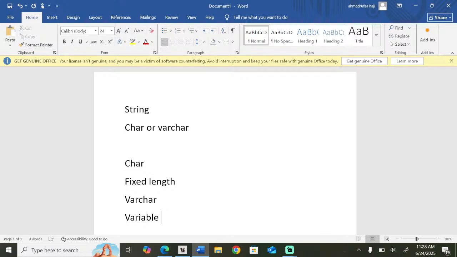That is the difference between char and varchar. Most data analysts prefer varchar over char because char is very limited to a certain number, while with variable character you have a lot of freedom. That is why it is better to use varchar.